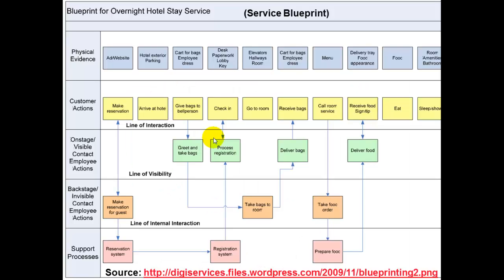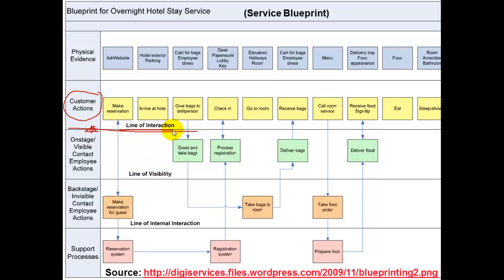Last but not least, this is an example of what is usually referred to as a service blueprint, used for service improvement, service process modeling. And here the rectangle has been used to represent activity in most of the cases. And the important thing is that the dividing line, for instance, above this dividing line, they are the customer's actions.